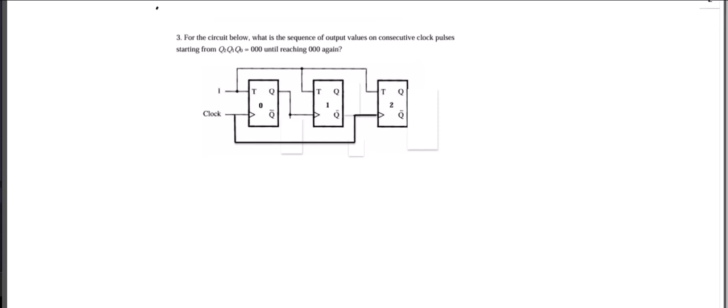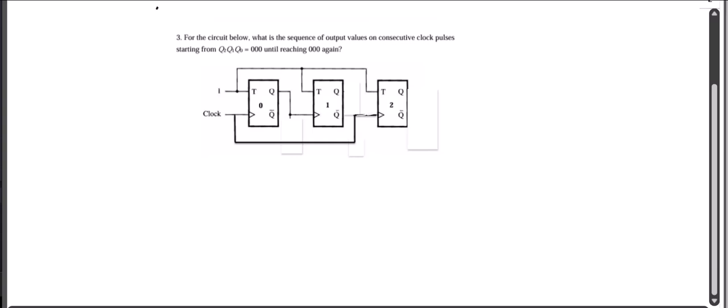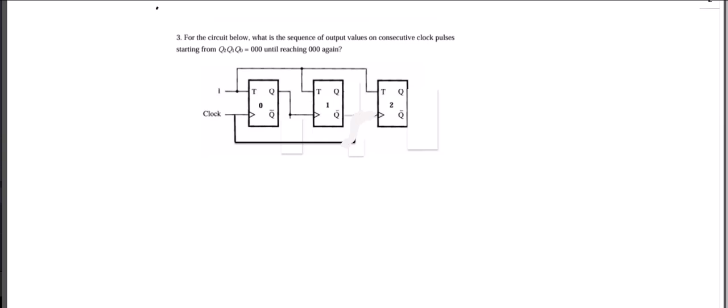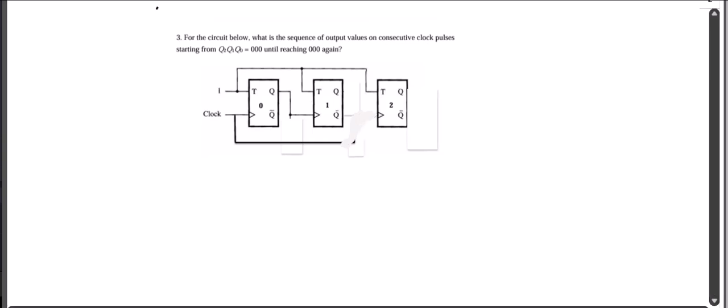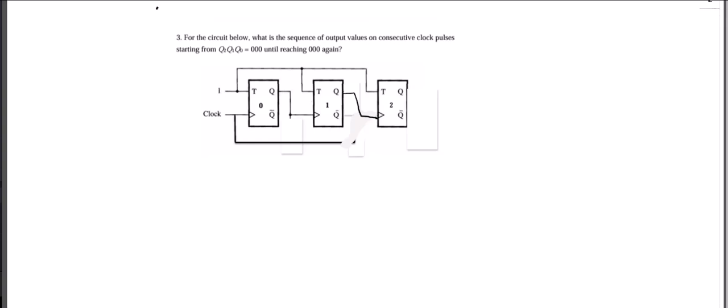So I'm going to have that going into there, and I'm basically just changing the order.